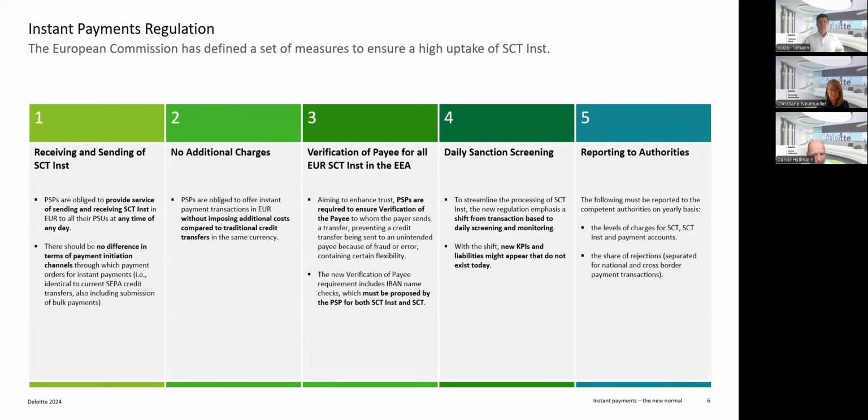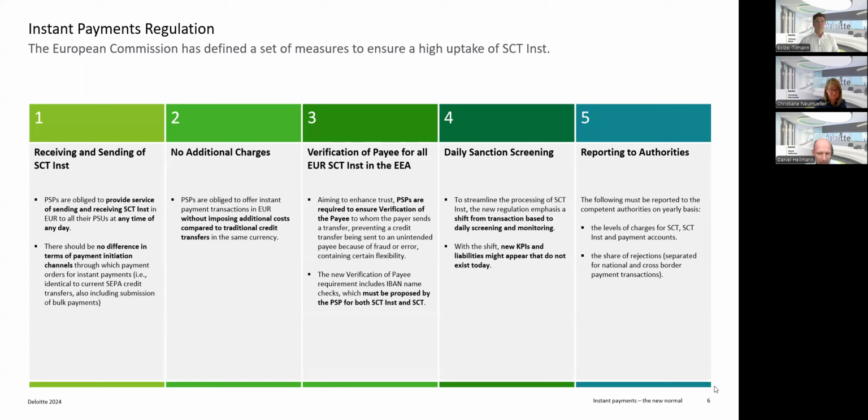But when we start with number one, and I think that's the most important topic, there is an obligation for payment service providers to provide a service of sending and receiving SEPA credit transfers instantly in euro to all the payment service providers when they also provide standard SEPA credit transfers. So you cannot cherry pick.